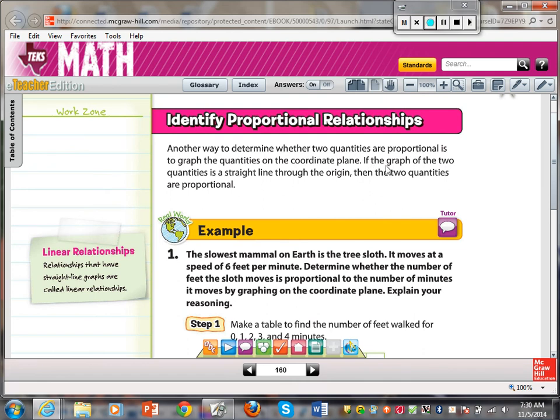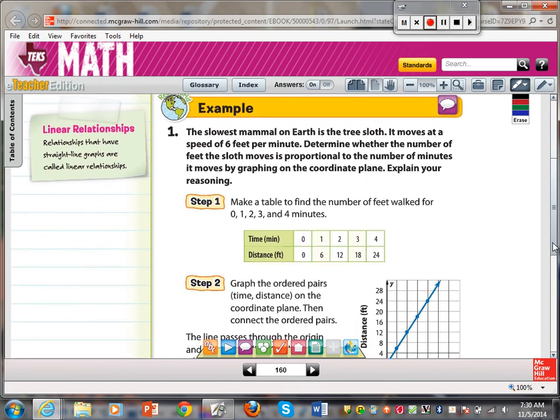If the graph of the 2 quantities is a straight line, this is prerequisite number 1. Through the origin, this is prerequisite number 2. Then the 2 quantities are proportional. So you have to end up with a straight line, and the line has to start at the origin or go through the origin. Example number 1.